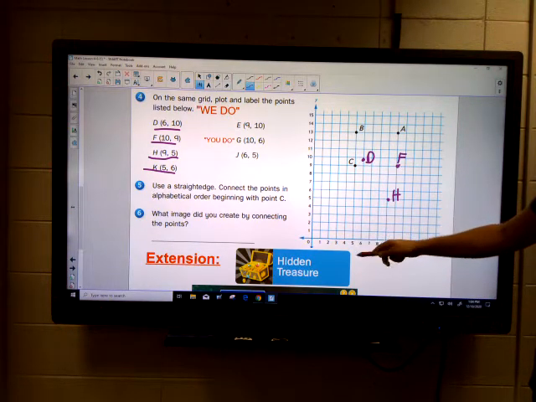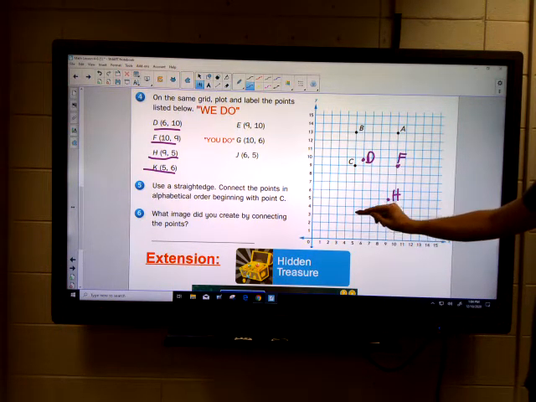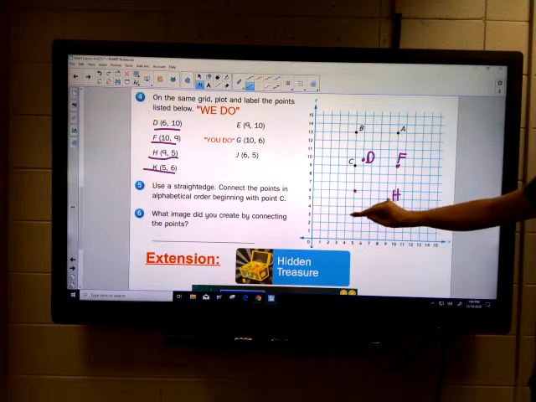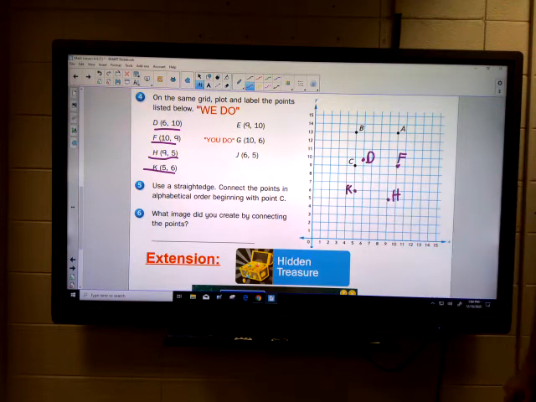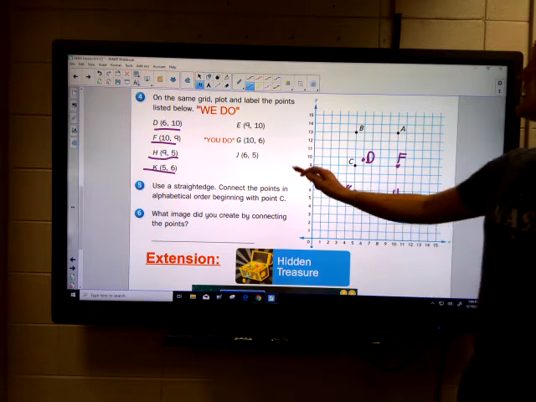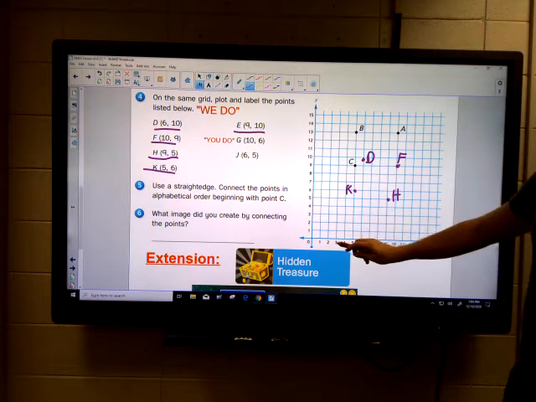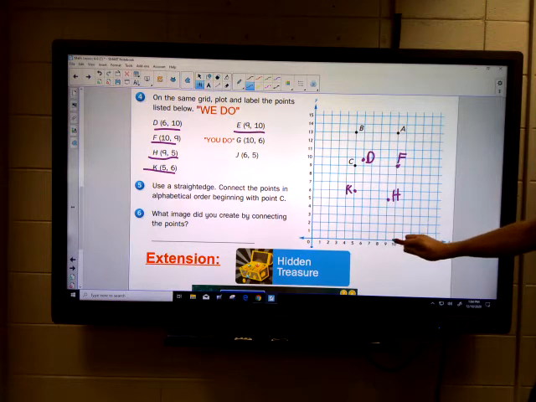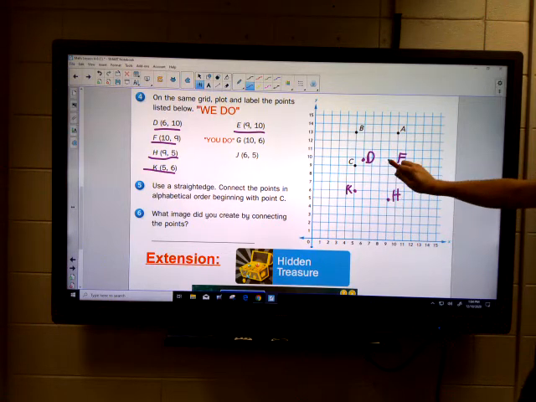Dribble to your 5 and shoot it to your 6. And that's point K. And then (9, 10) for point E. Dribble to your 9 and shoot it to your 10. There it is. It's pretty close to D and F there. So that is point E.